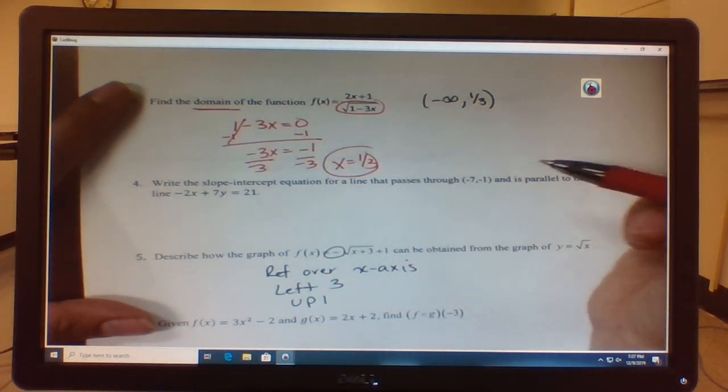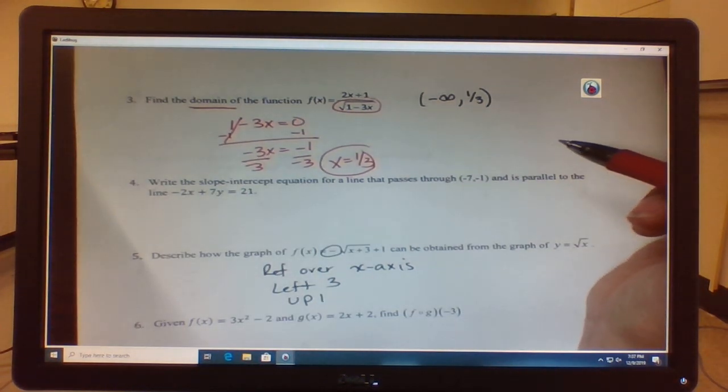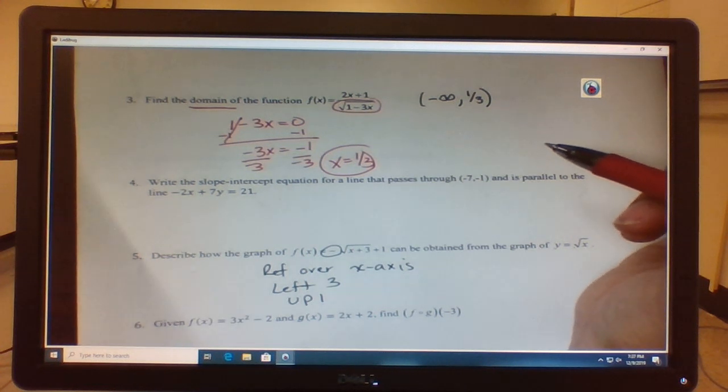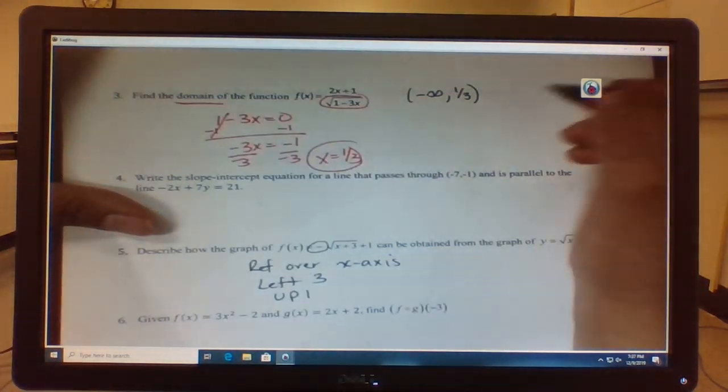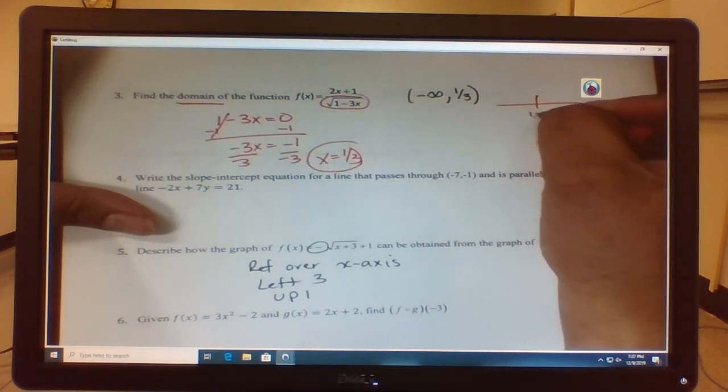Now, besides the 0, because it is surrounded by a square root, any number inside of a square root can never be negative. So what's going to make this a negative? So I have a 1/3 here.